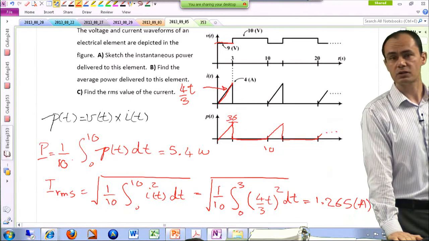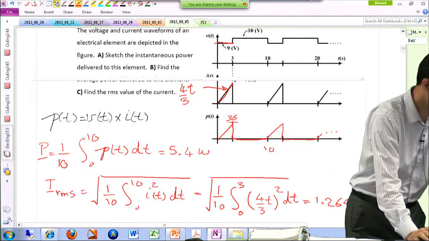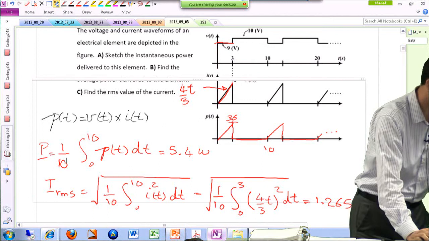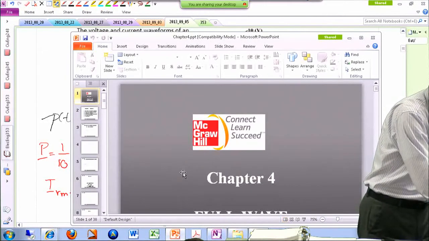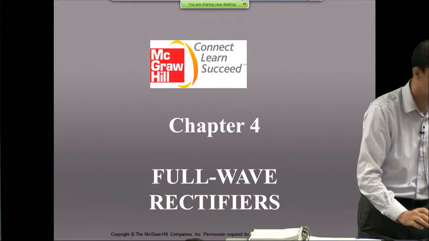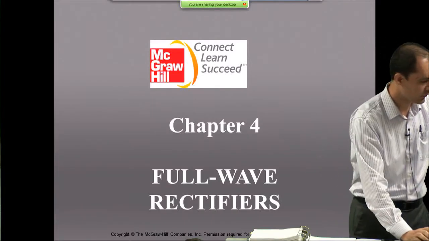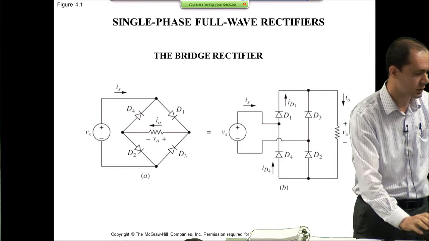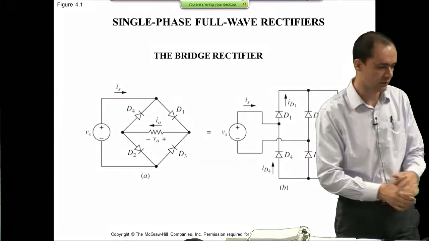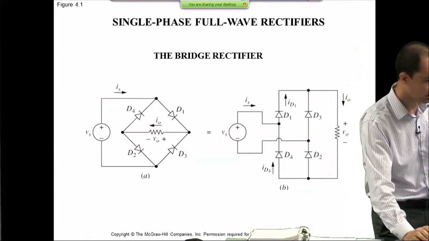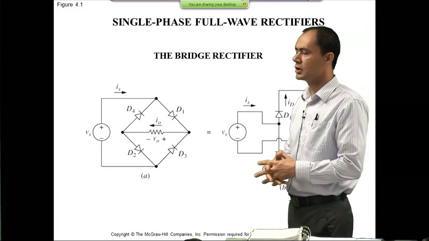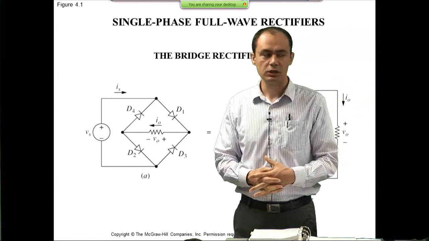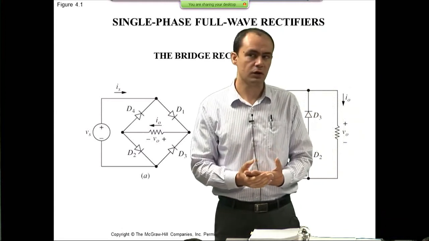Okay, no questions? All right, so let's continue. What we did last time was we started chapter 4, and in chapter 4 we are looking at full wave rectifiers. The very first one that we analyzed was a circuit configuration like this, which uses 4 diodes, and as it turns out, if you write the equations, your output voltage is equal to the absolute value of the input voltage.